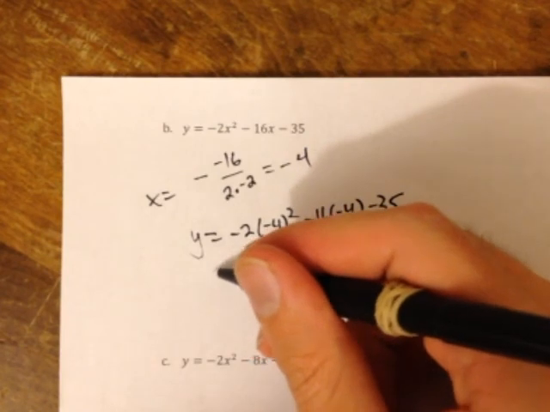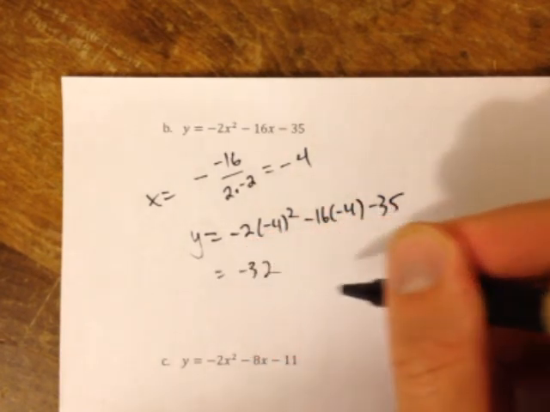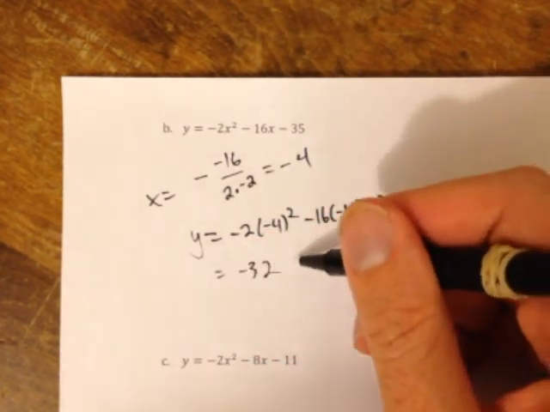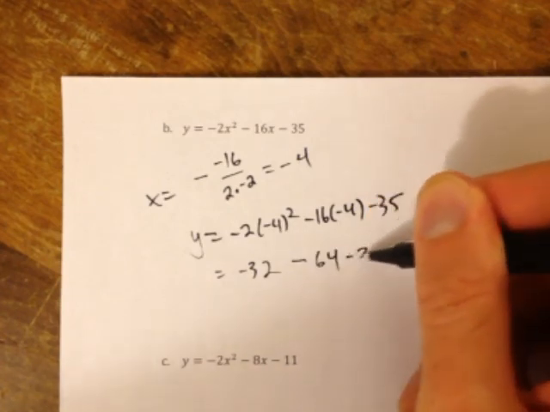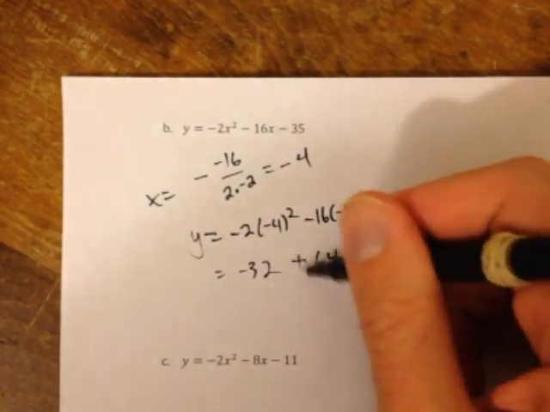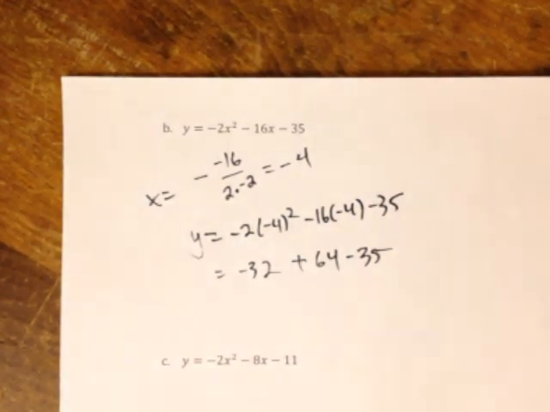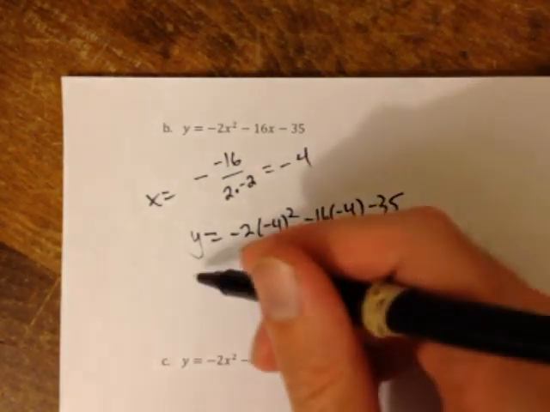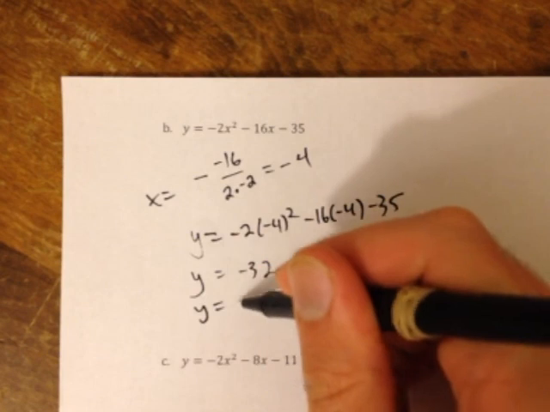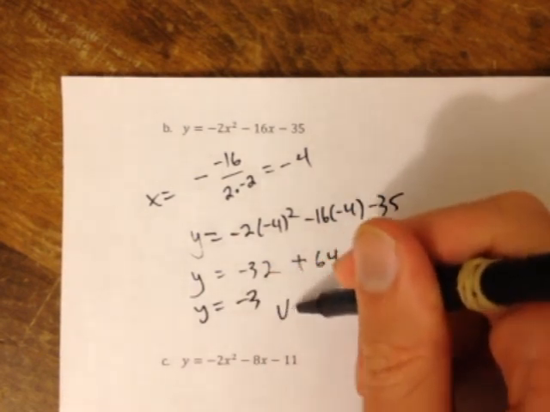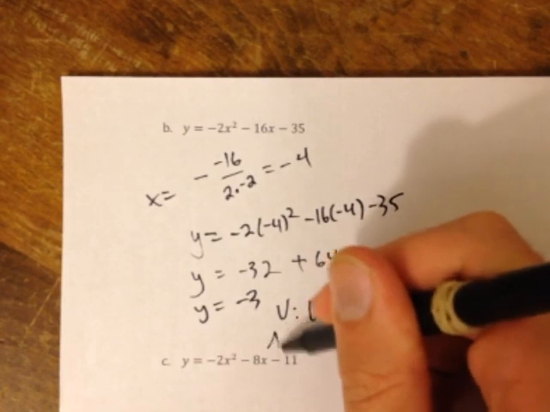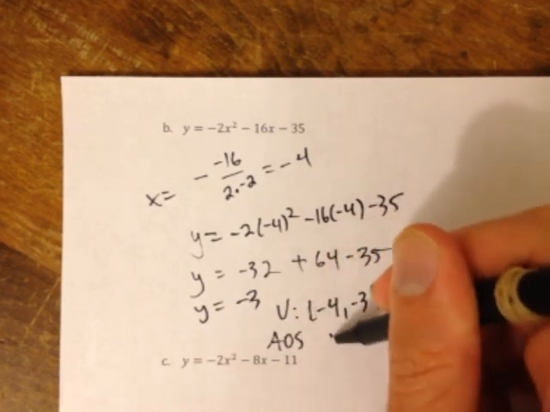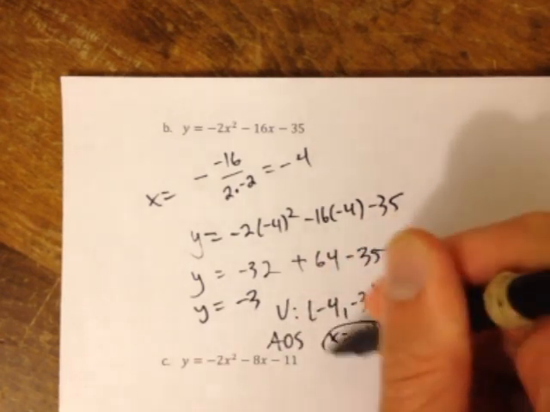And I get negative 32 minus 64 plus 64 minus 35. That's 32 minus 35, or negative 3. So I get that my vertex is negative 4, negative 3. My axis of symmetry is x equals negative 4.